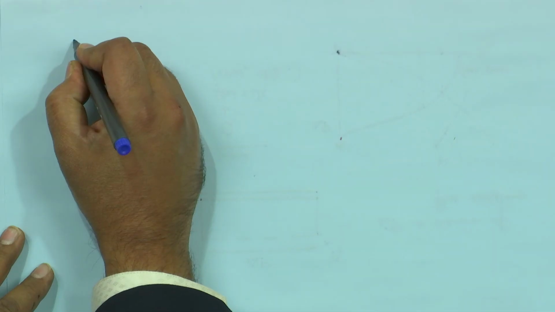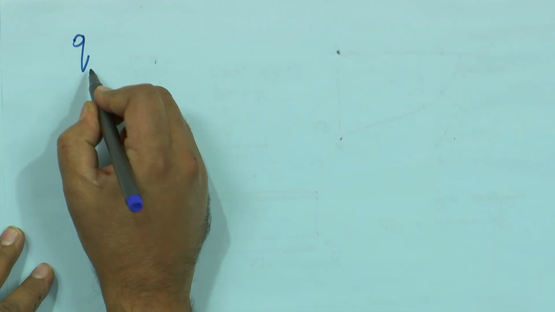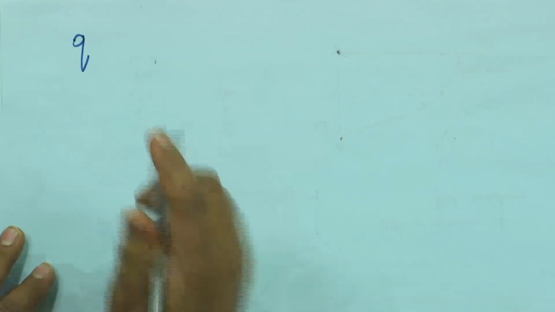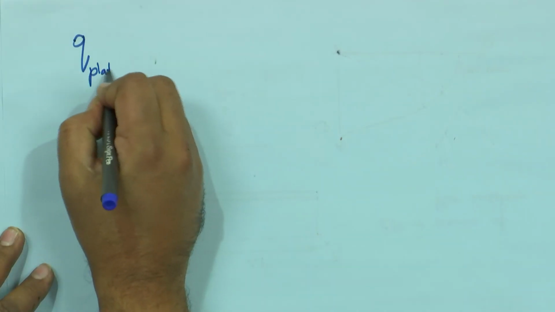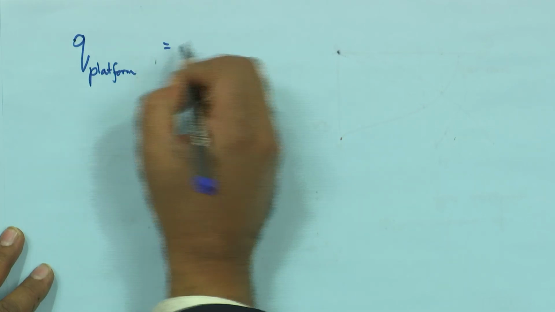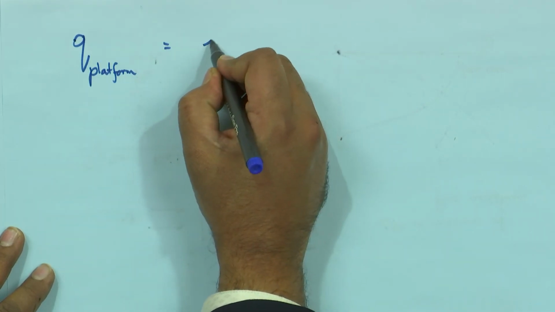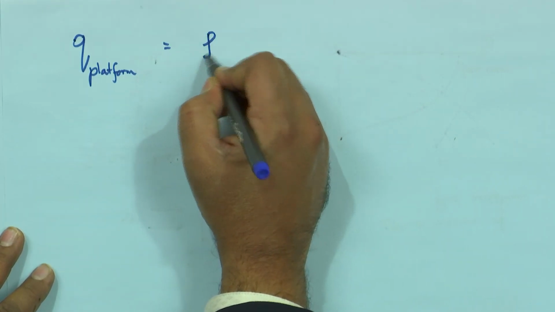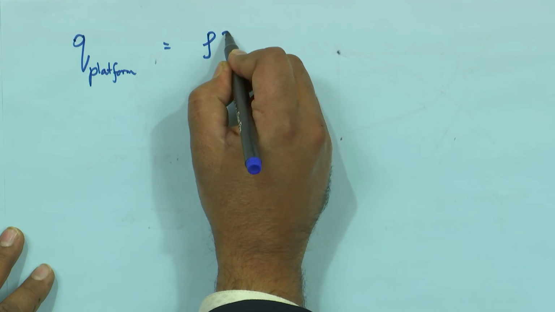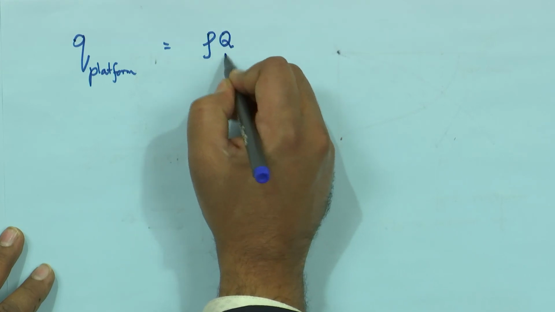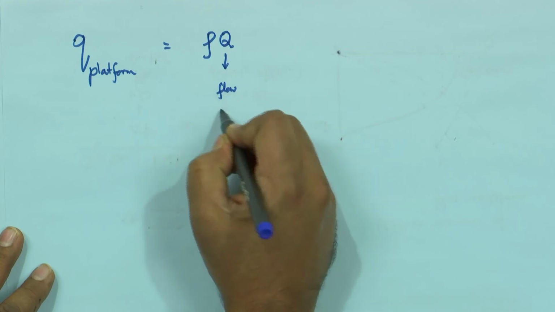If Q is the total power, the sum total of all the powers, and many a time it is called the platform power, it is going to be rho Q, where Q is the flow rate or CFM, okay.